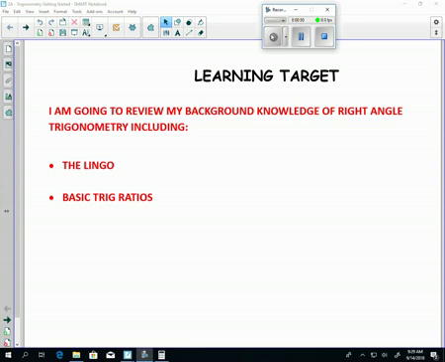SOHCAHTOA is a good acronym to remember, and I'll review those. They refer to sine, cosine, and tangent. So today we're going to be looking at the wording, how we name these things, and the basic ratios.